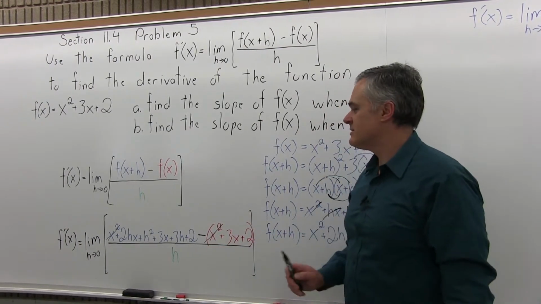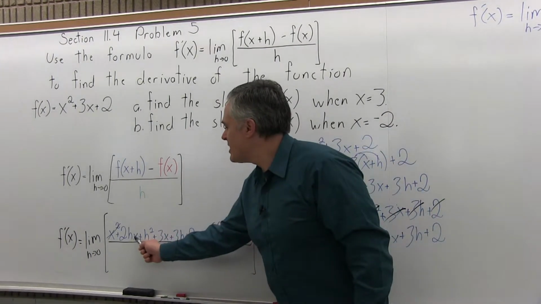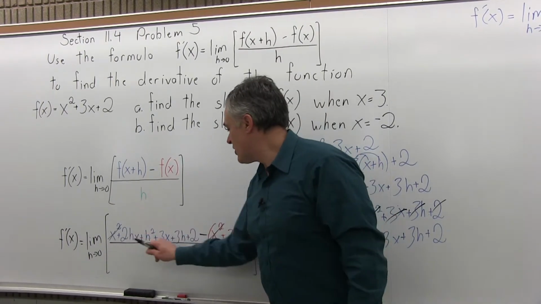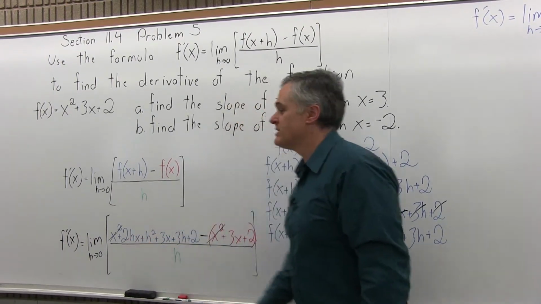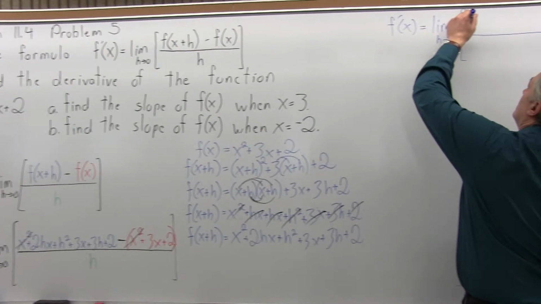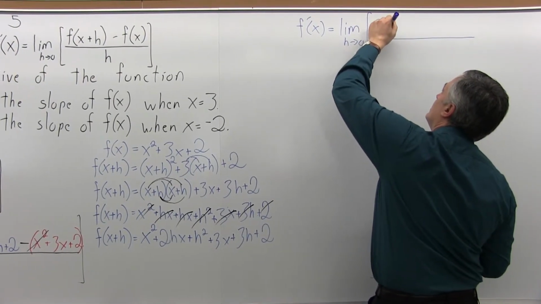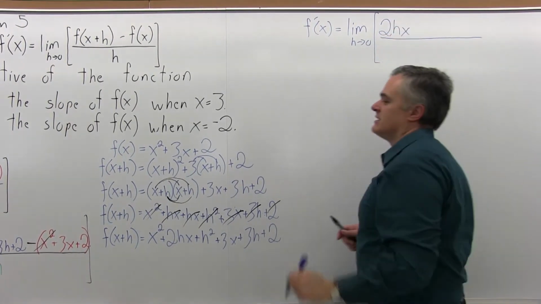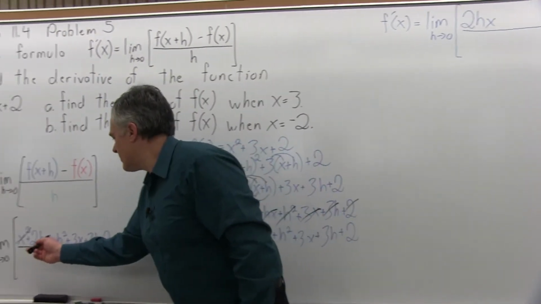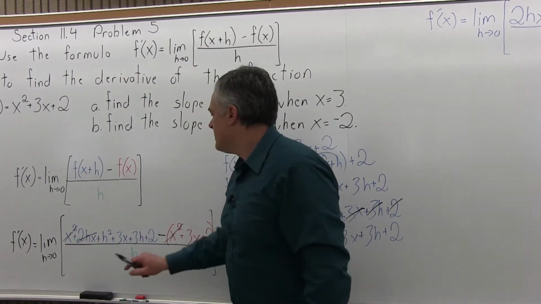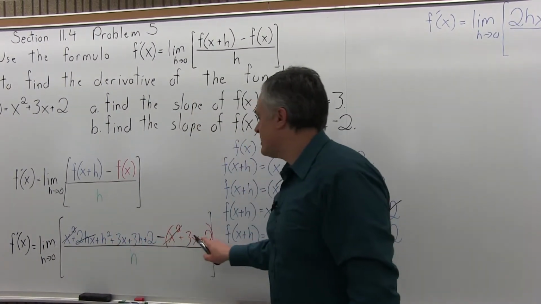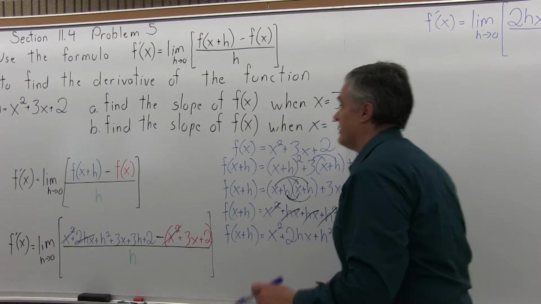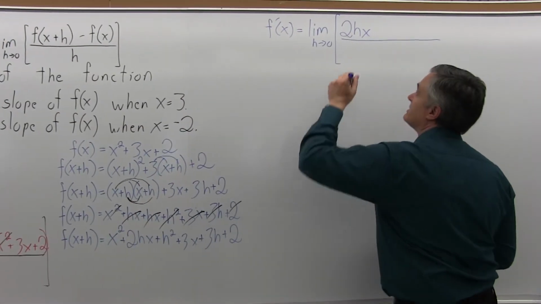I can cancel those. 2hx. That has an h. There's no other negative version of that. That will stay. So in my numerator, 2hx. So now I've accounted for it. I'll cross it off. I'm done. h squared. There are no other h squares. It has an h. It will stay. And it's positive.